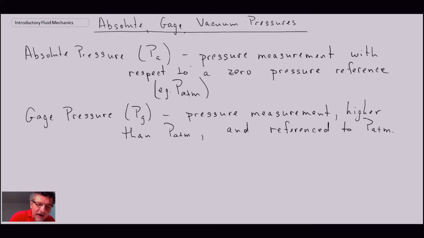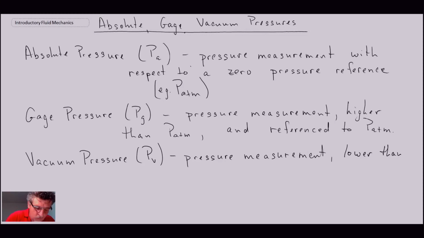And then finally, we can have pressures that are below atmospheric and in reference to the atmospheric pressure. Those are referred to as being vacuum pressures. Typically, if you see it, it might have a little v there denoting that it's a vacuum pressure. And just like gauge, it as well is in reference to atmospheric pressure.